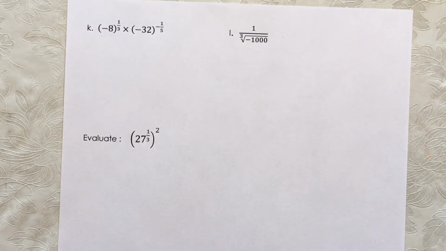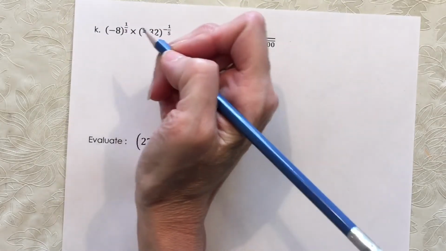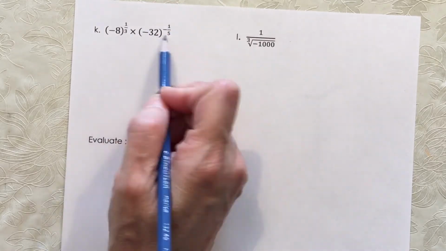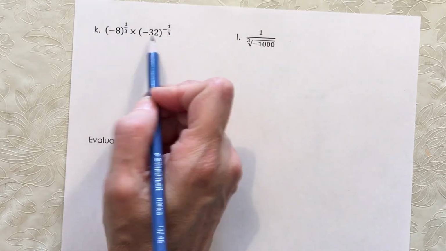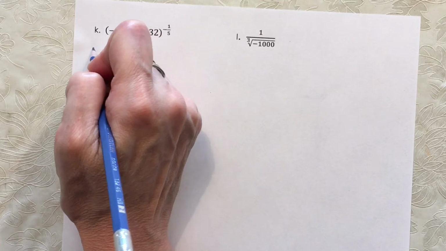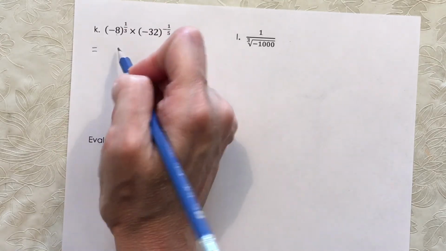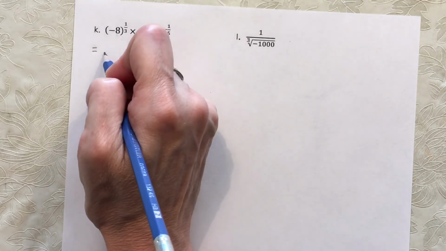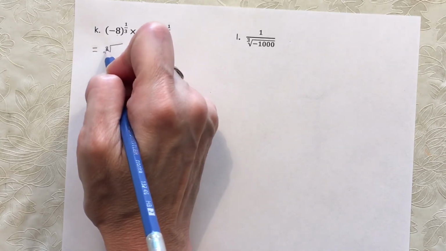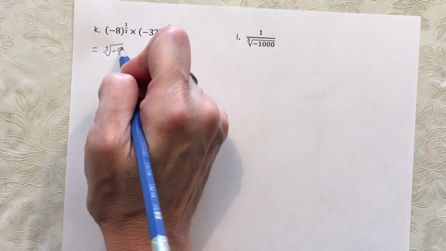Okay, negative 8 to the 1/3, times negative 32 to the negative 1/5. So we know we can write that, and I'm looking at this as a multiplying question. I don't have the same base here, so I'm going to have to do each of these differently. So third root of negative 8, I know I can write in radical form.